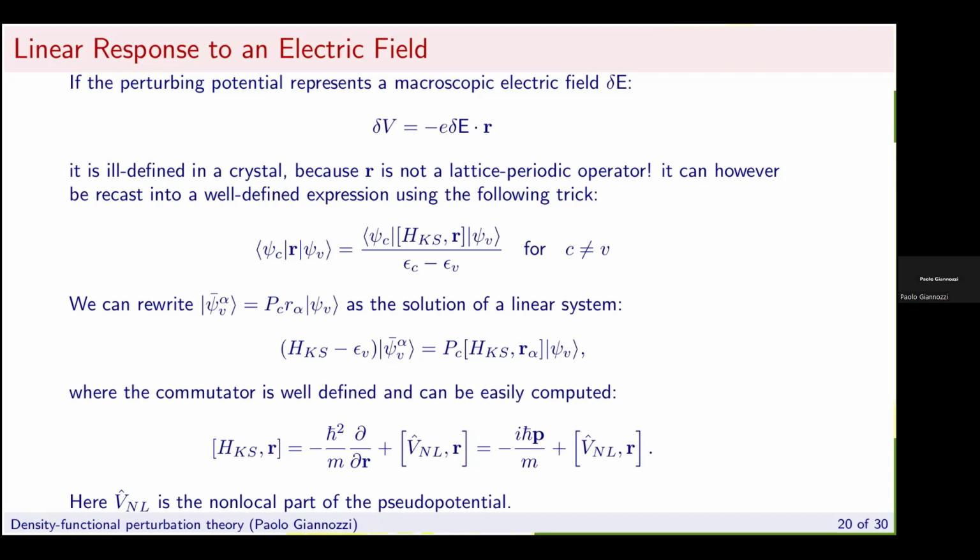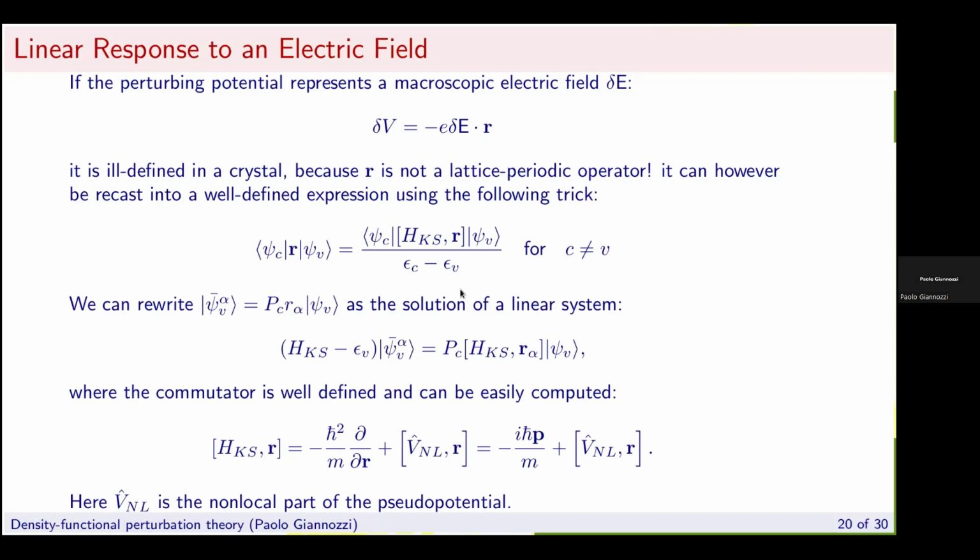The commutator is well defined and relatively easy to compute. The commutator gives P, the momentum, apart from factors. And if there is a non-local term in the Hamiltonian, it gives the commutator of the non-local term. The commutator of R with the local potential V of R is 0. With a non-local potential it is not 0, but it is not difficult to compute.